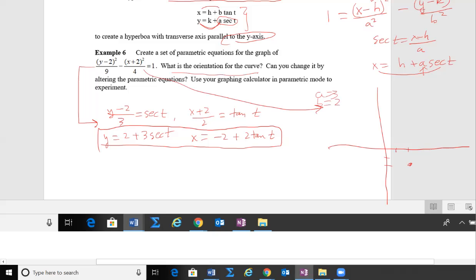And a is 3, so we come up this way and down this way. And the b is 2, so I come over this way, and I'm going to draw my rectangle in here to get ready to get my asymptotes in here.